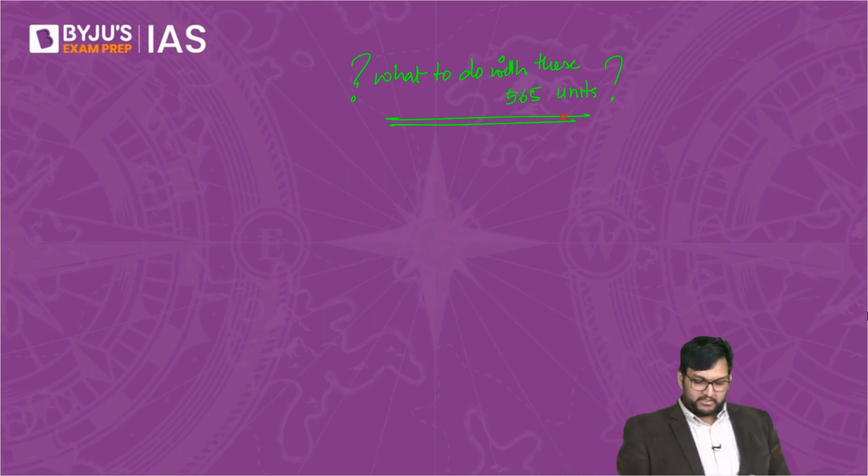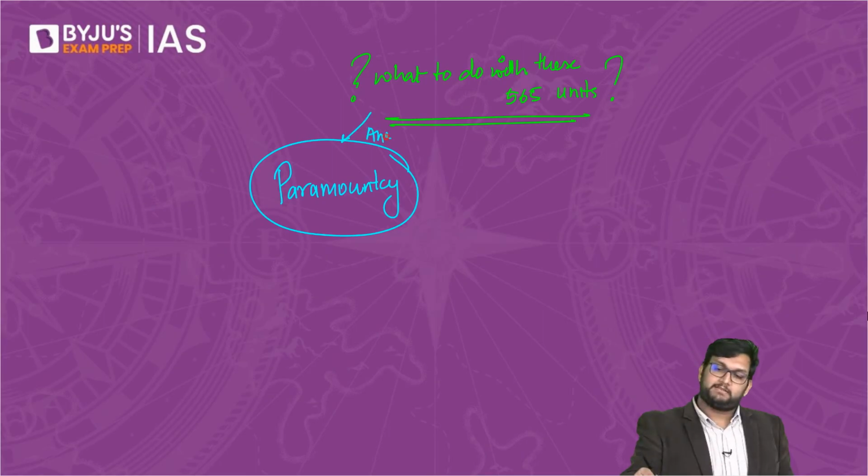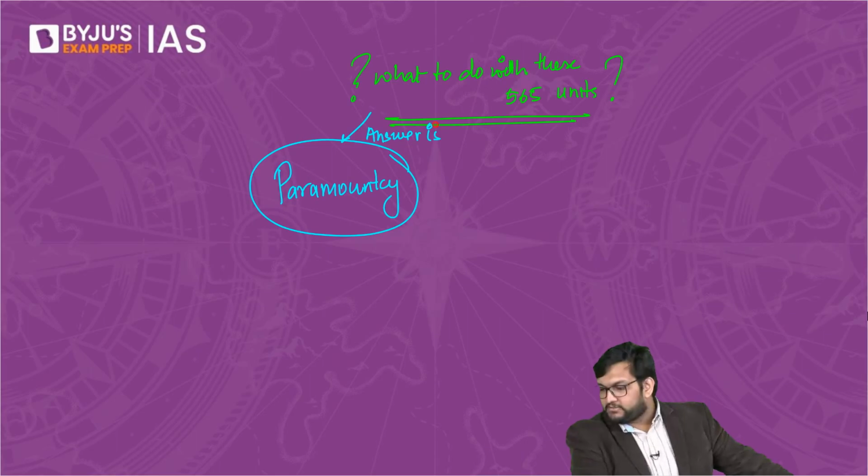And here the British introduced the concept of paramountcy. Answer is paramountcy. Annexation means to conquer. Now, paramountcy, the concept is very simple.